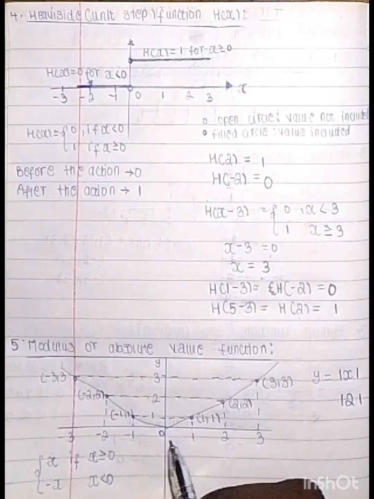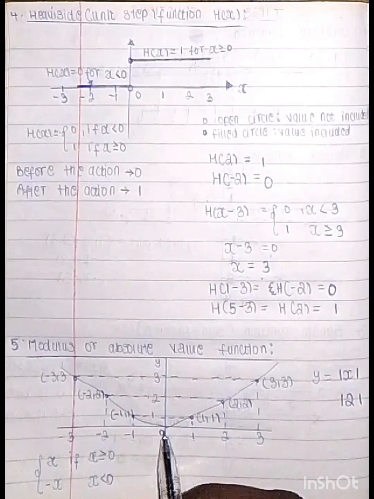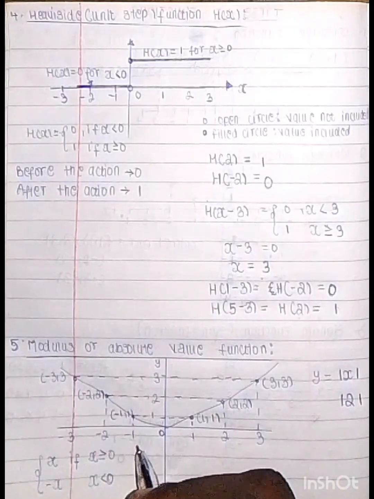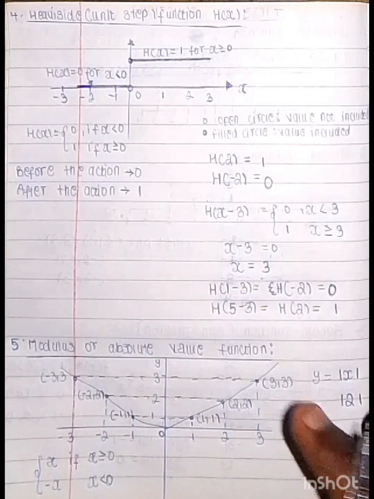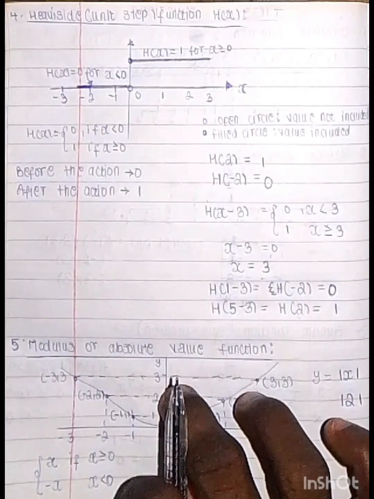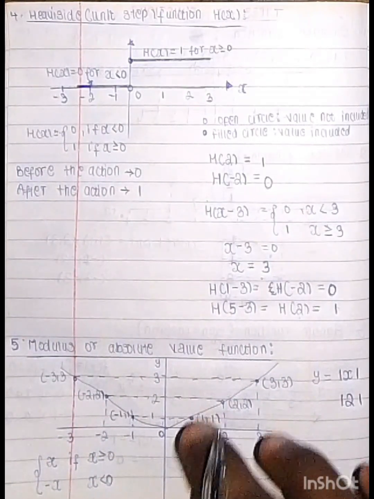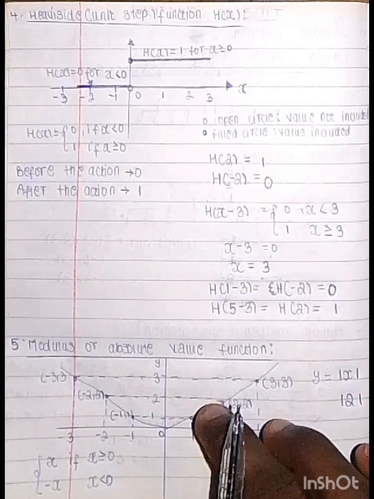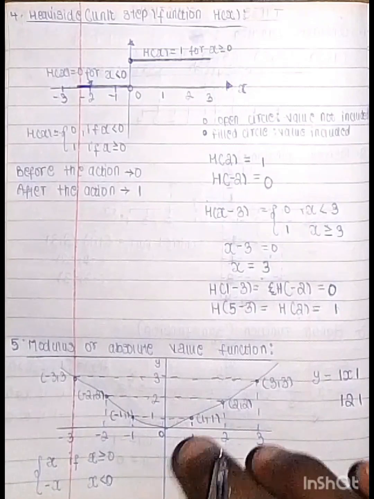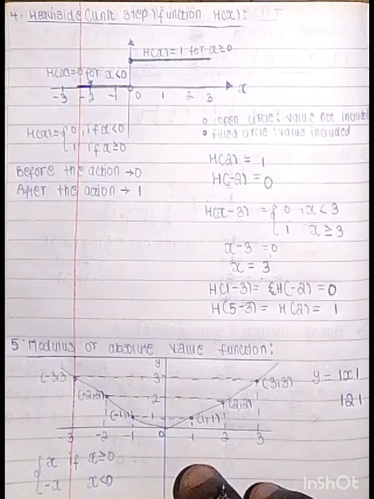Now, we know that the distance between 0 and 1 is 1. The distance between 0 and minus 1 is 1. Why is it not minus 1? It is not minus 1 because the distance between two places can never be negative. The distance between USA and Russia, if it is 980 kilometers, can never be minus 980 kilometers. Why? Because the distance between 2 points can never be negative.